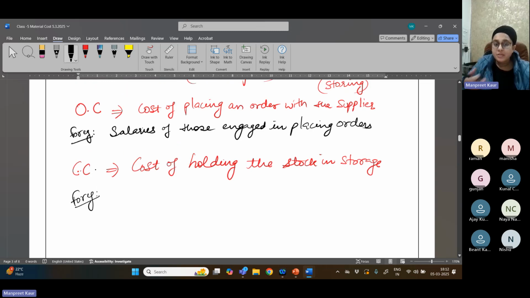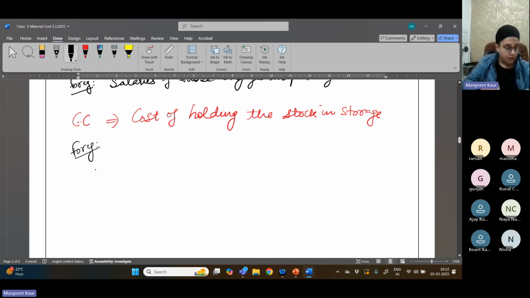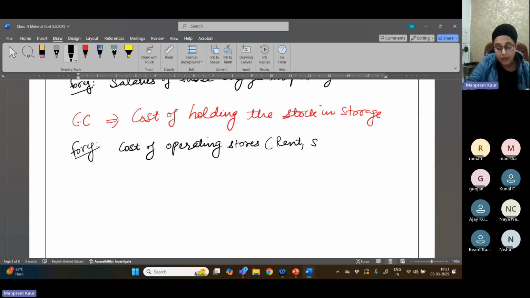For example, salaries of those engaged in placing the order come under the ordering cost. But the cost of operating stores, the cost incurred to operate the store, like rent, like salaries of a person who is managing the store, or deterioration or wastage of material also come under the carrying cost.